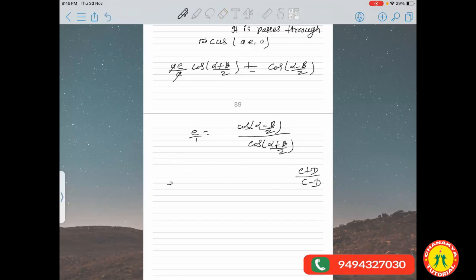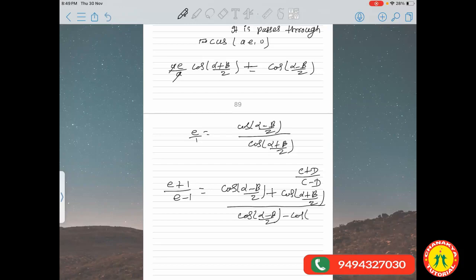So e plus 1 upon e minus 1 equals cos of (alpha minus beta) by 2 plus cos of (alpha plus beta) by 2 upon cos of (alpha minus beta) by 2 minus cos of (alpha plus beta) by 2.